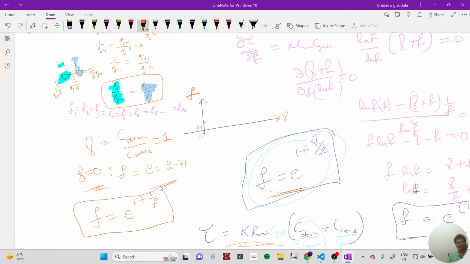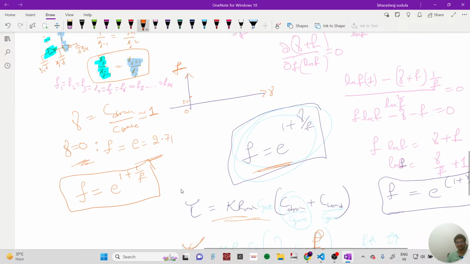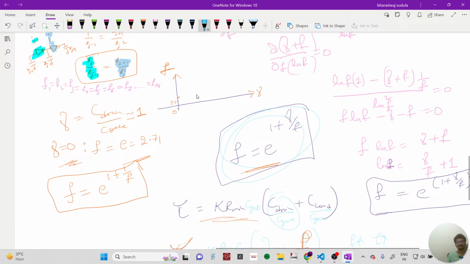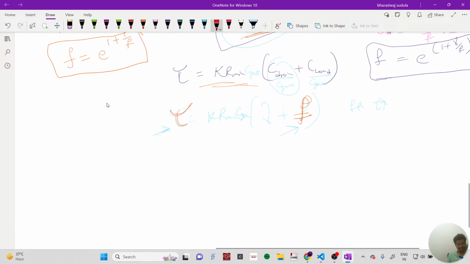If you put this equation in MATLAB somewhere, you'll get some waveform which is exponential, and at gamma equals to 1, you'll get f value as 3.6. You can even check this out.